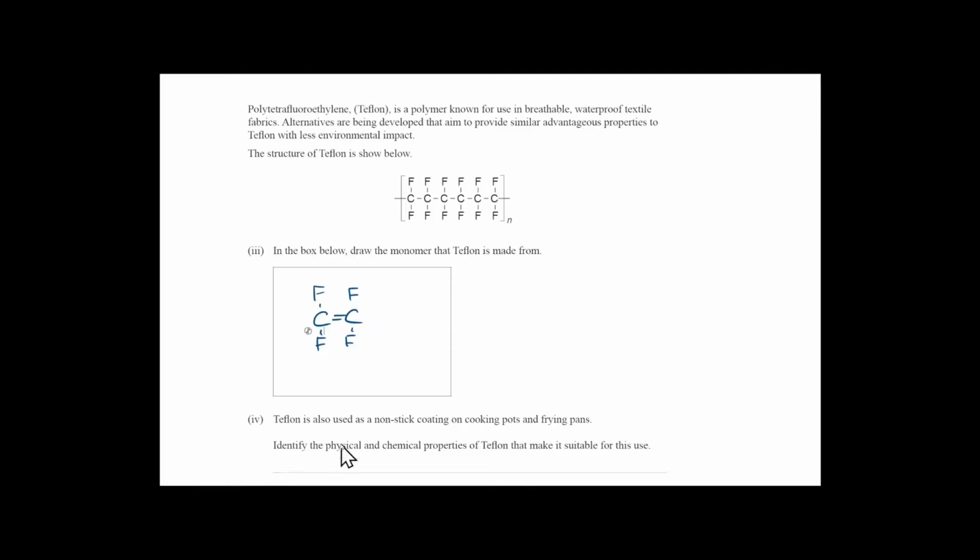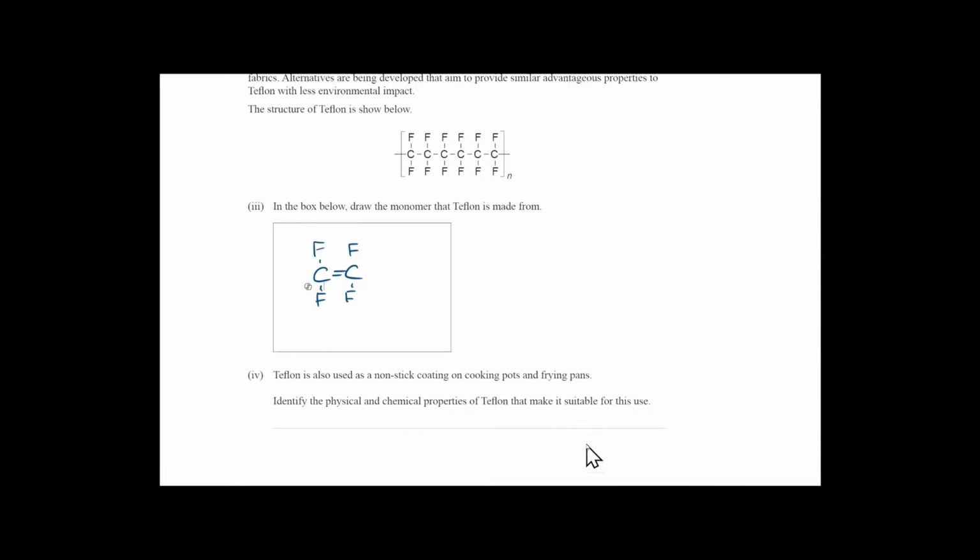Okay, Teflon is used in non-stick coating on cooking pots and frying pans. Identify the physical and chemical properties of Teflon that make it suitable for this use. Well, it has a very, very low frictional coefficient. I can't remember what letter that is, but it makes it really sort of slidey. You can slide things along.